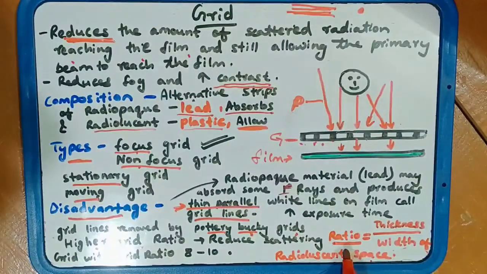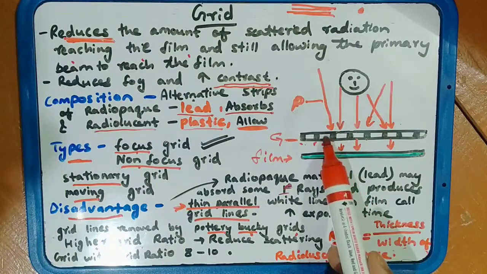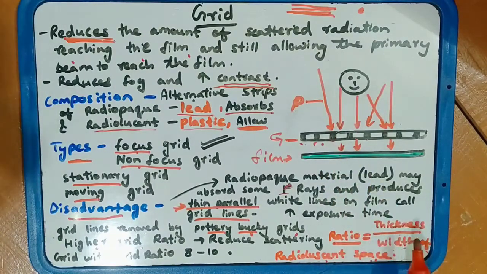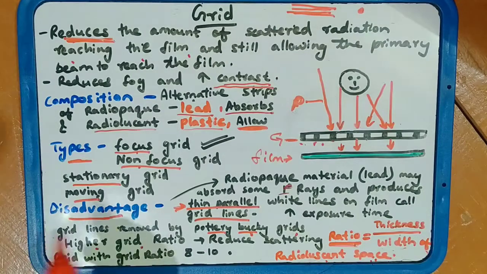Grid ratio is grid thickness upon the width of the radiolucent space. The radiolucent space, the white part, and the thickness of the grid: when the thickness is divided by the width of the radiolucent space, you get the grid ratio. Grid with grid ratio is 8 to 10.